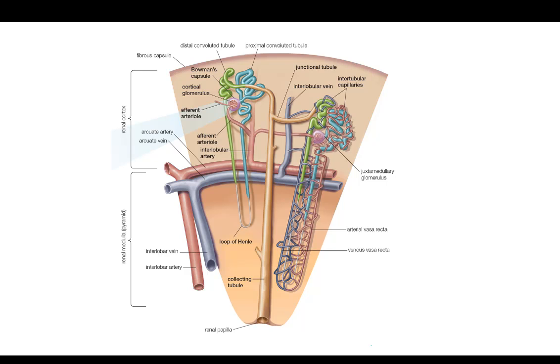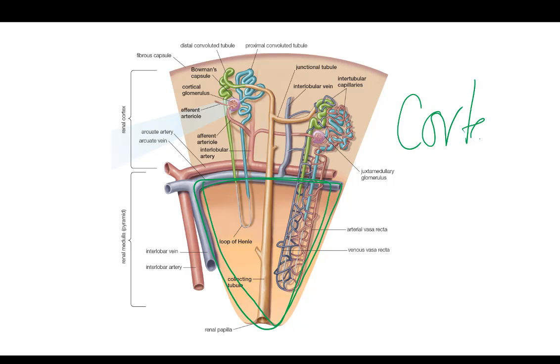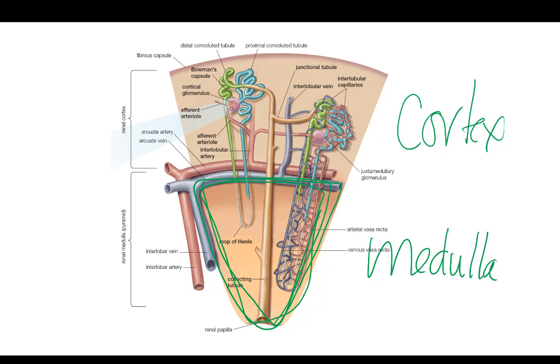On another question, it had to do with the pyramids. So this here is a section where a pyramid is located in this portion because it's underneath this arcuate artery. Up here is our cortex, and down here is our medulla. Now the pyramids are small sections within the medulla. However, the question was asking about the nephron parts. So we can see here's the glomerulus.